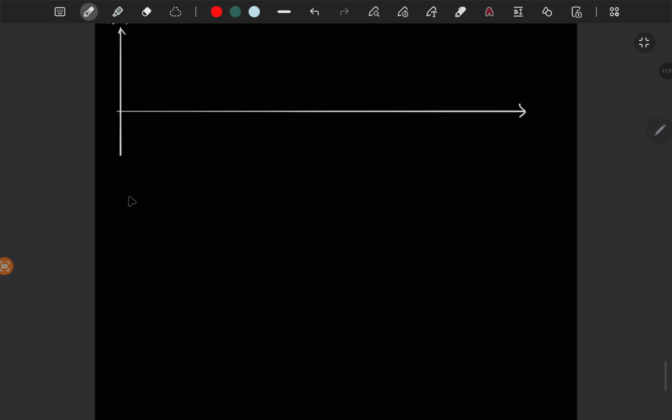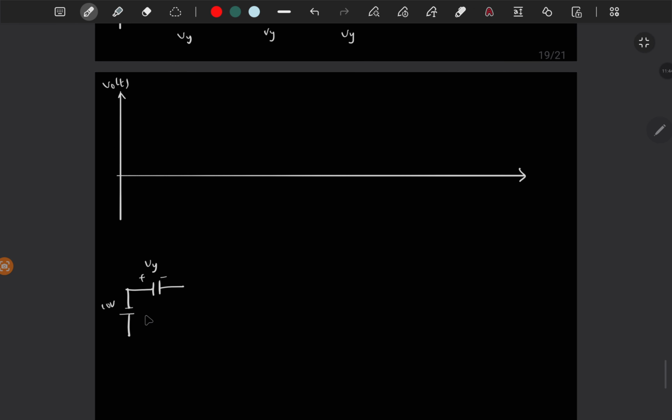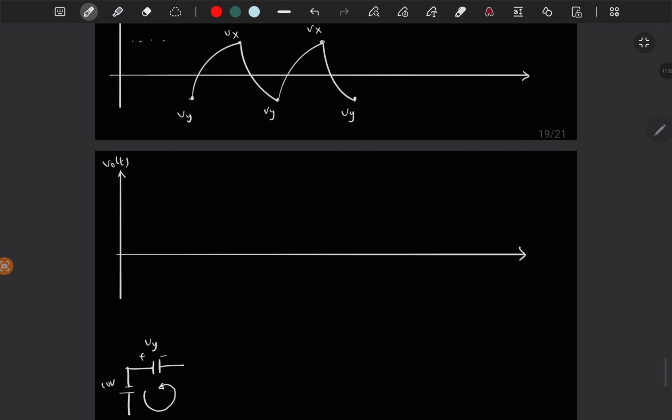So for input of minus 10 volt and the capacitor is charged to Vy, actually the capacitor will charge in this direction. If it is charging in this direction, I have to get this polarity, right? But forget about the polarity. I am just taking Vy as absolute value. It means if Vy is negative, then I will get plus minus, let's say minus 6 volt.